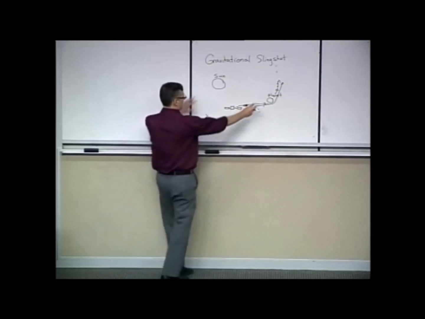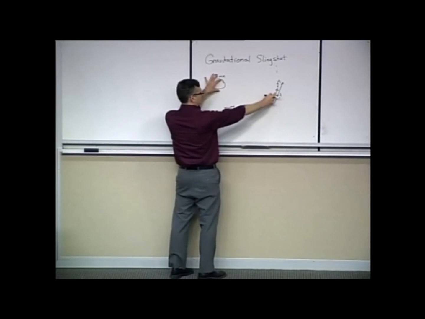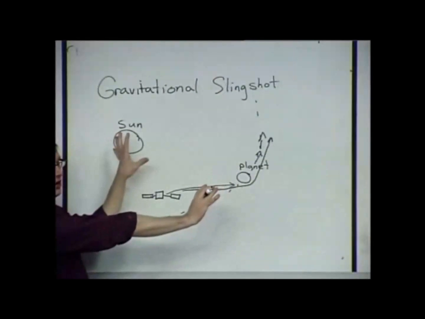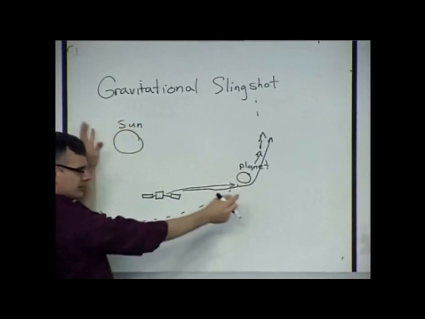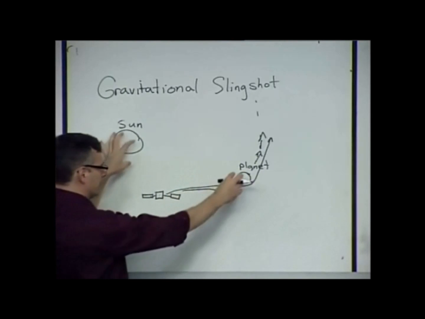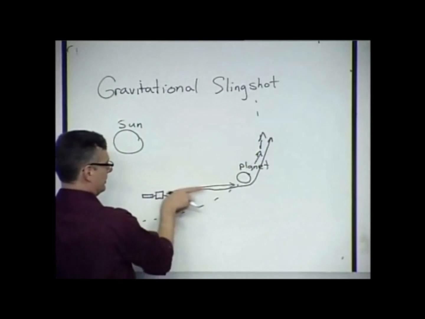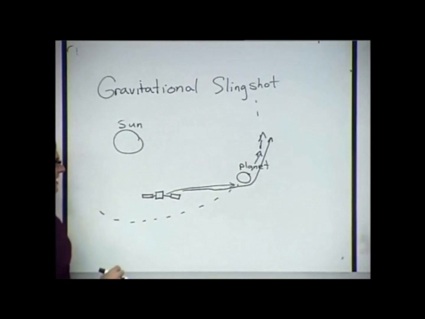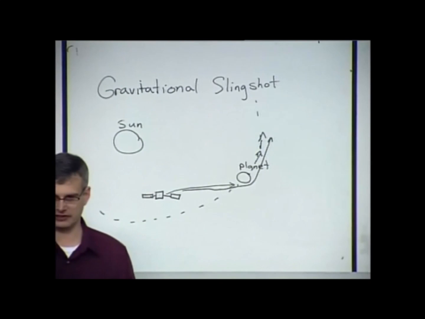So this planet is moving around the sun. If it was just stationary in space, if this was a fixed system, somehow hammered into the fabric of space and time, nothing would happen. You would basically just change the direction of the orbit, but it would be in the same energy orbit effectively.